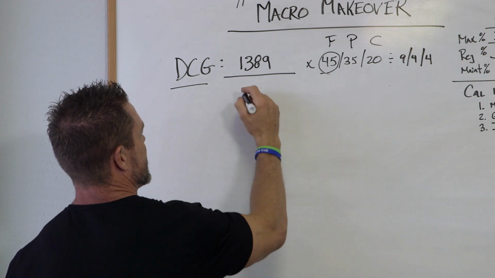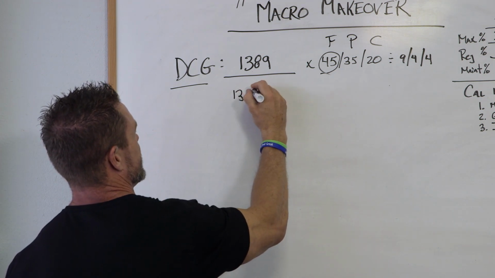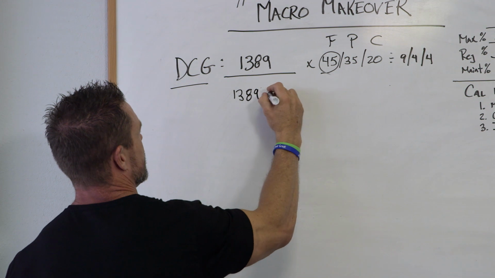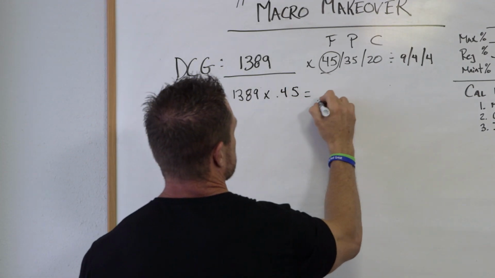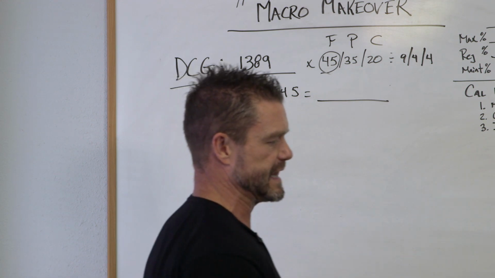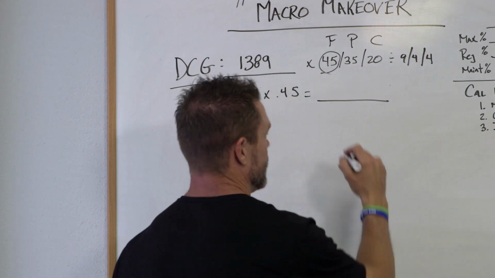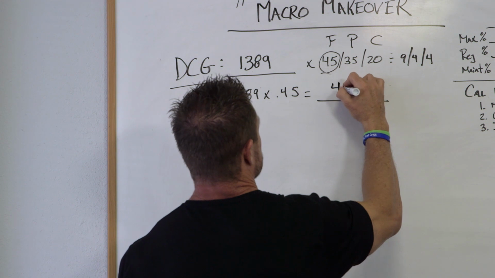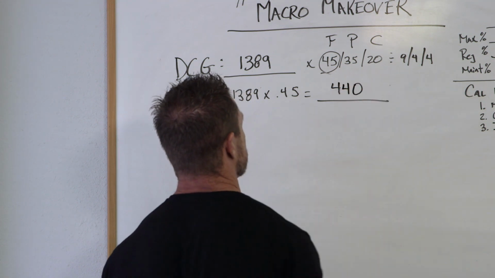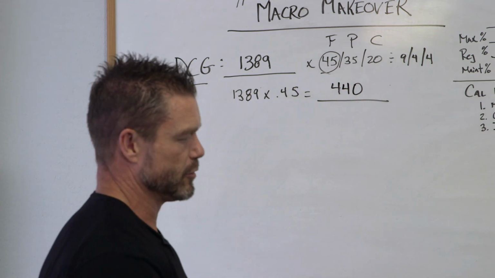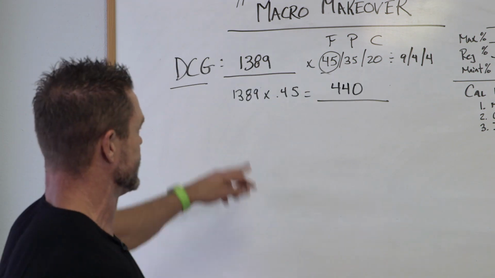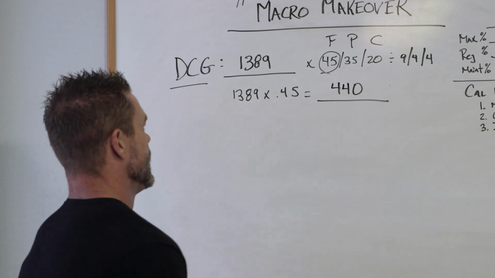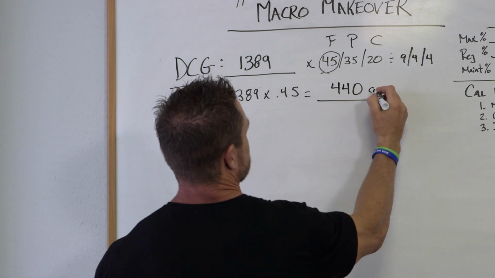So 45% of this number, basically, if you don't remember simple math, times 0.45, equals, and you would get that number. For her, that would be 440. Hopefully that number's right, because I'm not checking the math. But if it's not, you can do the math, and you're going to be using your numbers anyway. And that would be your calories.